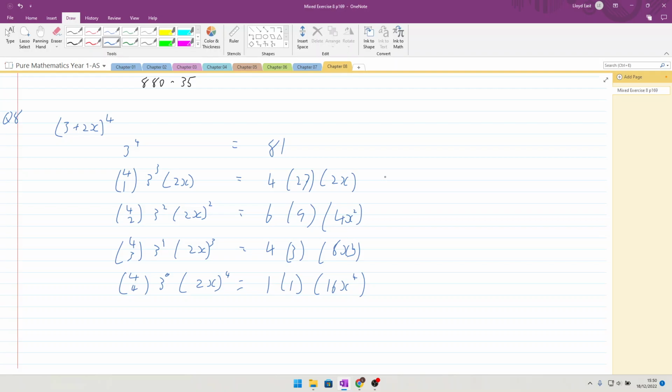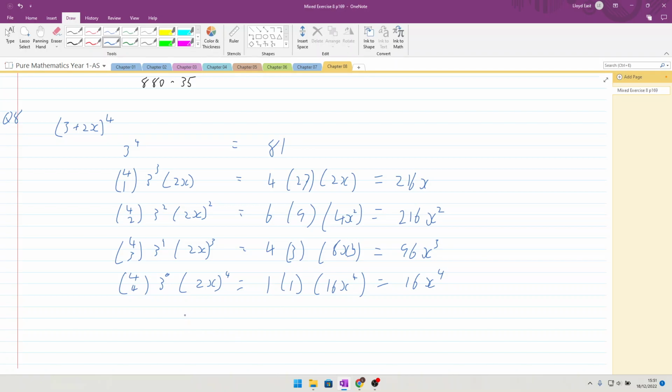Okay, so 27 times 4 times 2, 216x. 6 times 9 times 4, 216x squared. 4 times 3 times 8, 96x cubed, and then finally 16x to the 4.